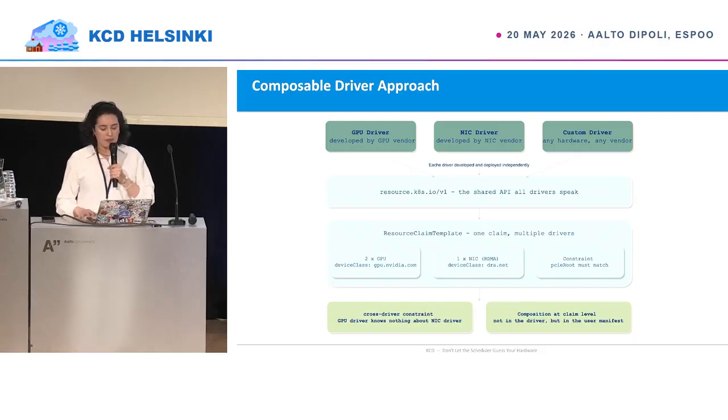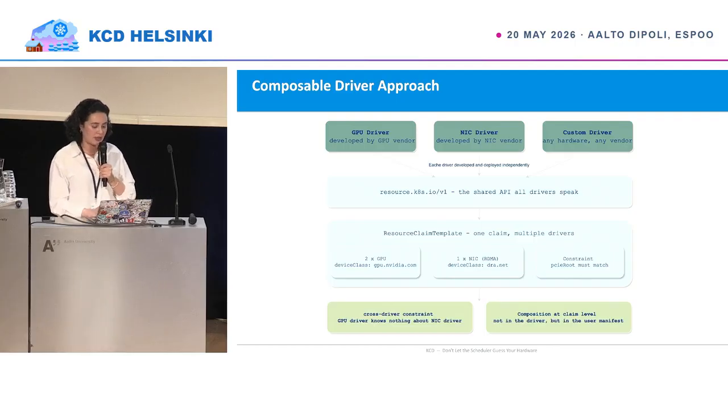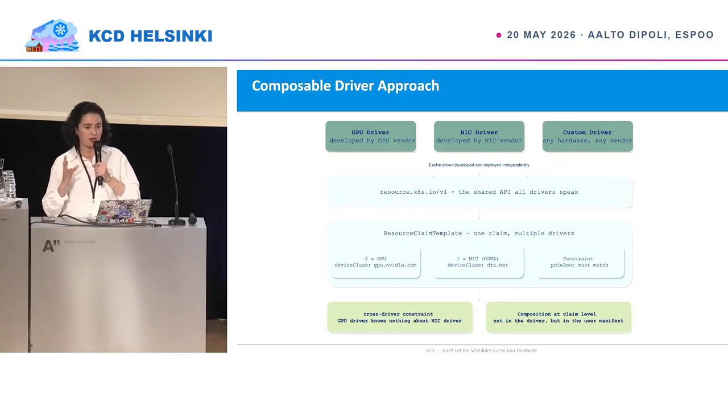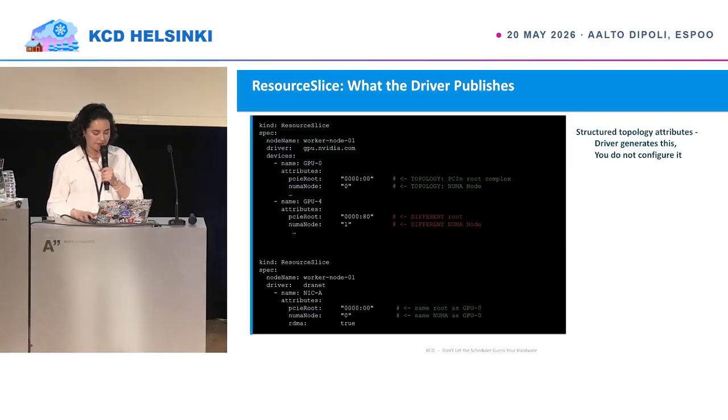So this allows the users to create any combination of multiple drivers and bring them all together in a single request that is expressed by the user via resource claim or resource claim templates. What kind of devices you need to compose for your workload is very specific to your use case, and you need to think of what is the right device composition that you need to provide for your workload to work.